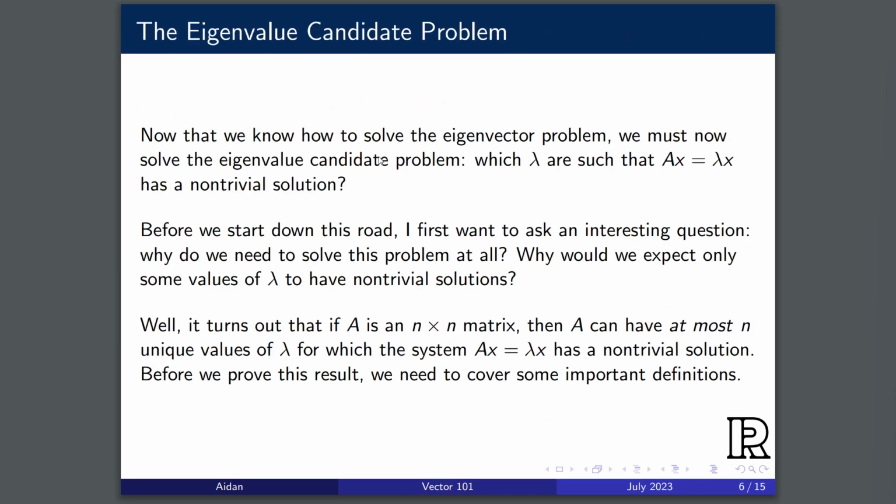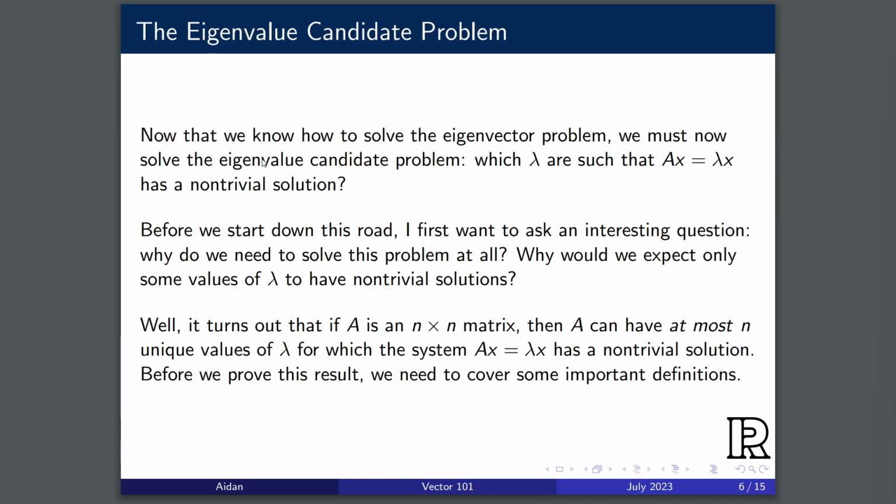So moving on then. This brings us to the eigenvalue candidate problem, which I talked about, which is: which values of lambda have non-trivial solutions? So I'll give you an example of an eigenvalue problem, which is, you can think about the problem identity times x equals lambda x, right?